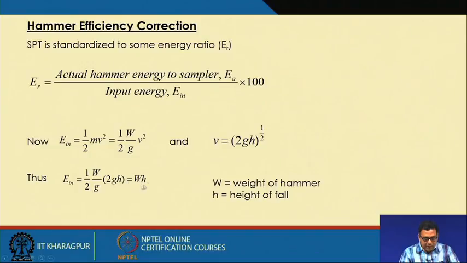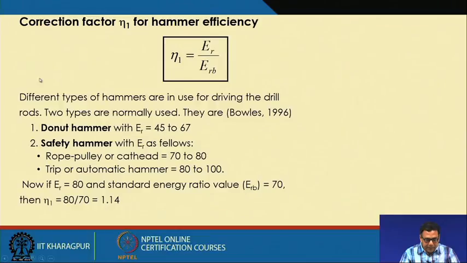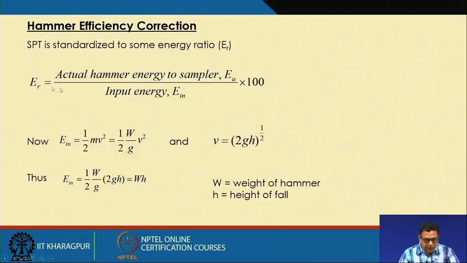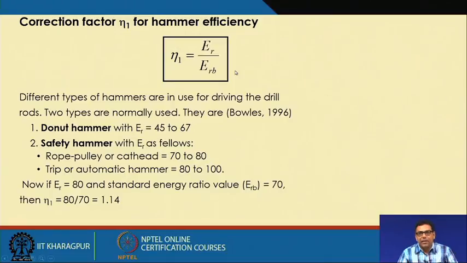But your applied energy may not be equal to the input energy, because your efficiency is not the same for different hammers. So, you get a ratio, and this is the correction for hammer efficiency, ER over ERB. ER we get from here, and ERB is the standard energy.